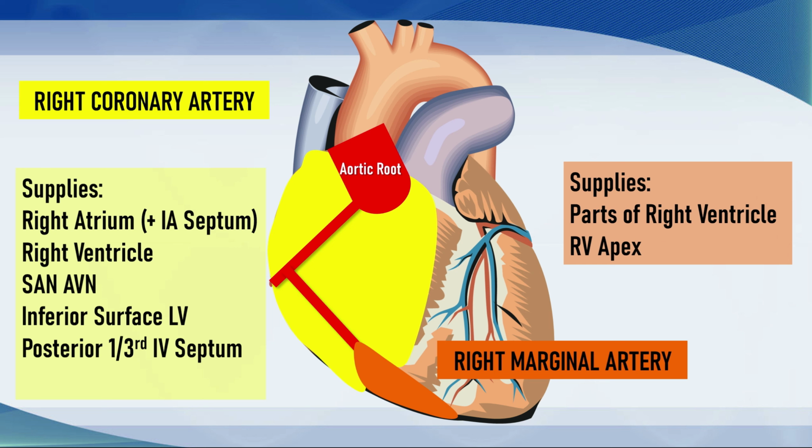Importantly, blood flows to the right ventricle continuously throughout the cardiac cycle, in systole and diastole, because it is a low pressure system. Right ventricular infarction is relatively rare.